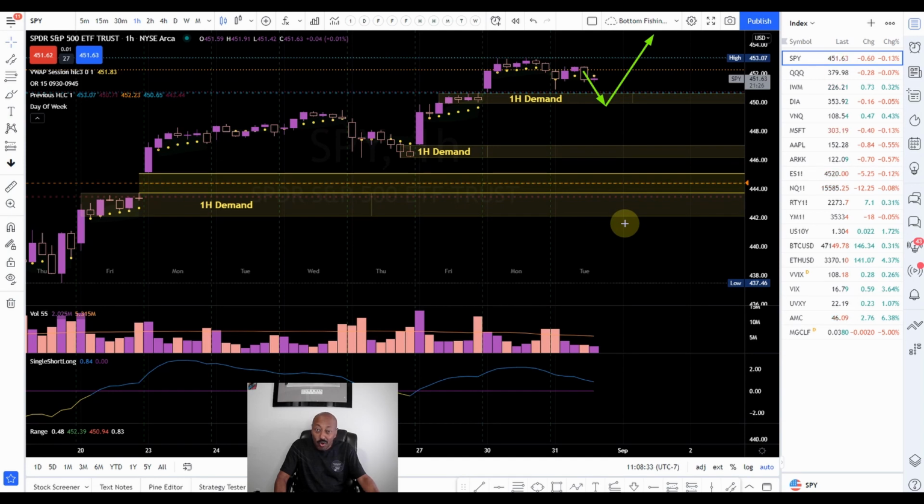Even more preferably, price comes down to this area of value, to this area of value, or to this area of value. The demand zone, imbalance, demand zone. If it comes to any of these, I would be taking a position.